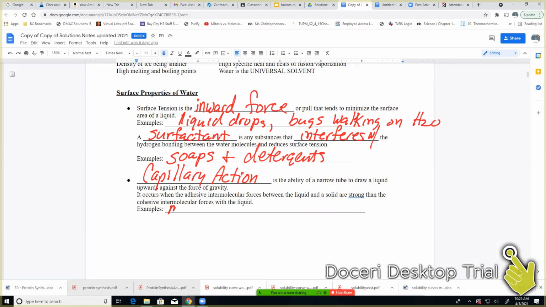Other examples would be the meniscus with water. It forms that little curve because the water is going to be more attracted to the size of the graduated cylinder than it is to itself. And also you see it with capillaries in trees or tree trunks.